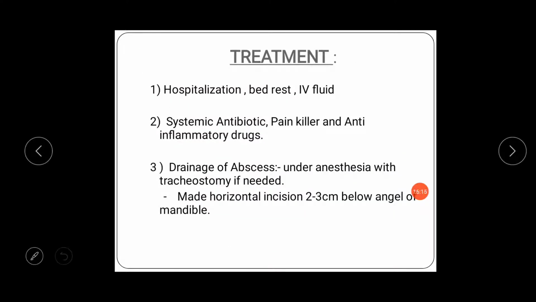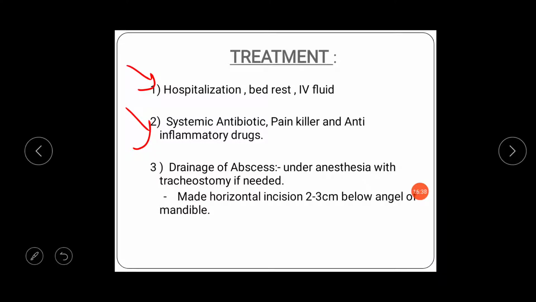Treatment for parapharyngeal space infection is hospitalization, bed rest, IV fluids as we have seen in other infections, systemic antibiotics, painkillers, anti-inflammatory drugs and betadine gargle. Incision and drainage of the abscess can be done under local anesthesia if the patient is cooperative, or under general anesthesia if there is severe infection.